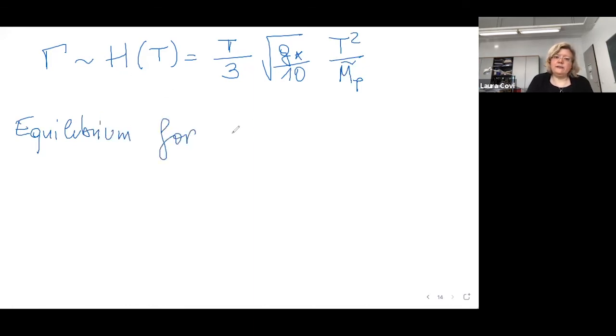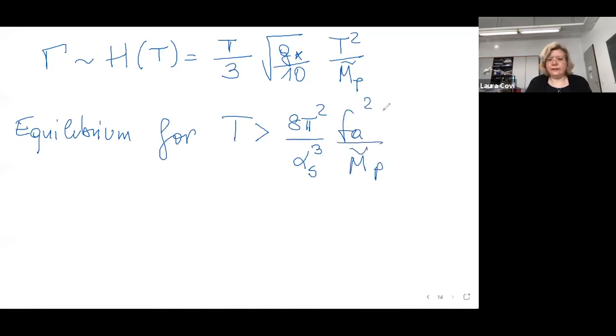So you need actually T larger than 8 pi squared over alpha s cubed, f_a squared over the reduced Planck mass, plus some numbers, some factors which I don't rewrite. And if you put in all the numbers, you see here you have f_a squared over M Planck. M Planck is large, it's 10 to the 18 GeV, but f_a is usually also not so small.